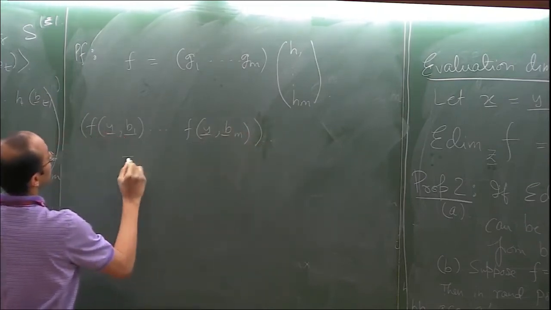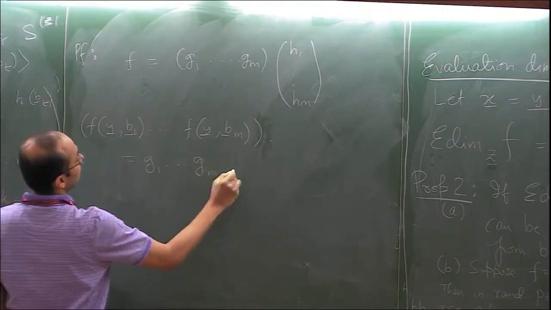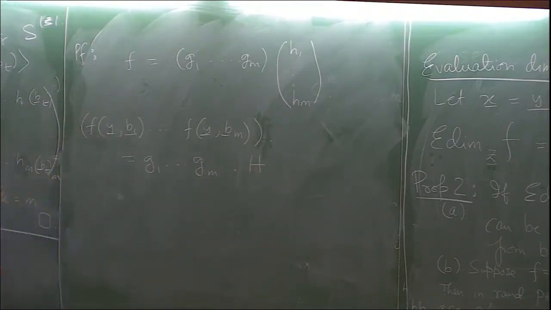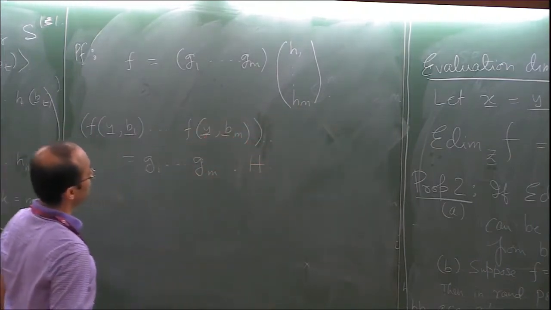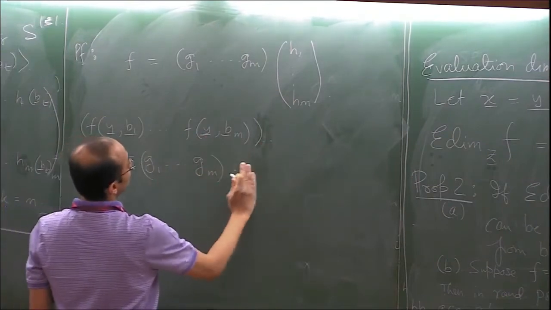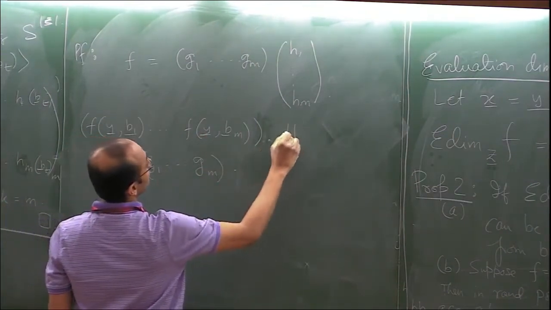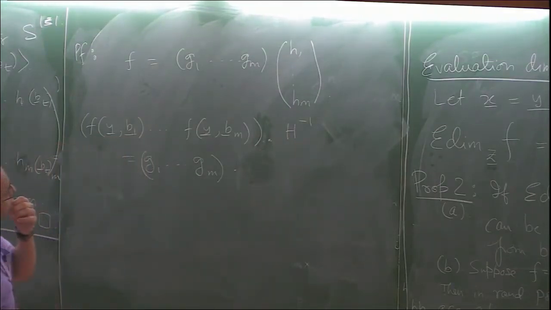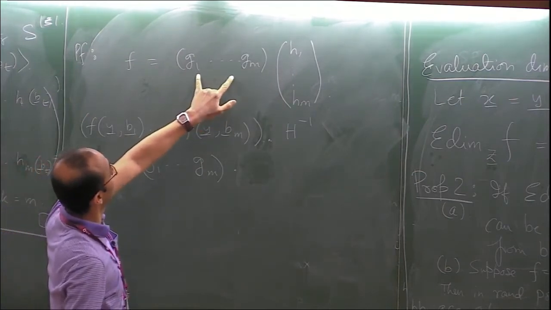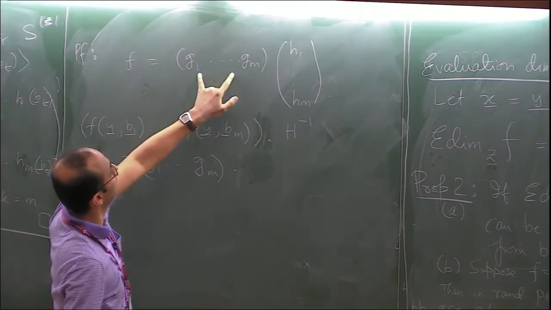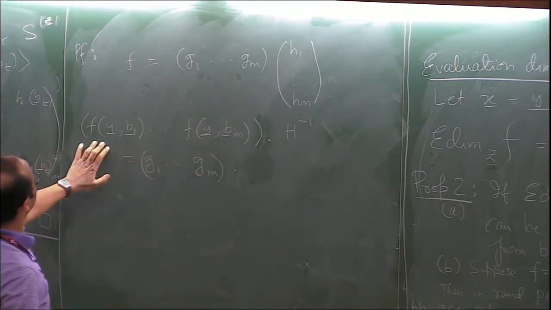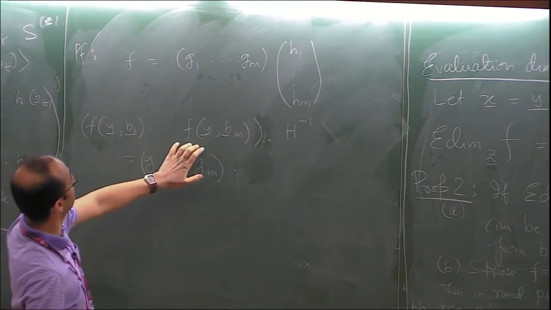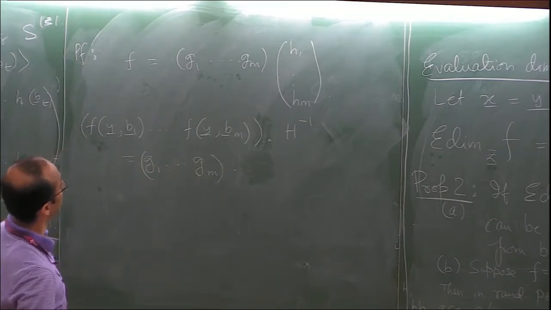You look at this row, that's G1 through Gm times H, and this H will be invertible. This will be invertible because of the same argument, where t and m are the same. So you multiply, and this row would be H inverse. There's something here: you should not be able to get the G1 through Gm exactly, because they are unique only up to a linear transformation applied on them, right? So the proof should reflect that. So if you have this, you are evaluating these at random points.